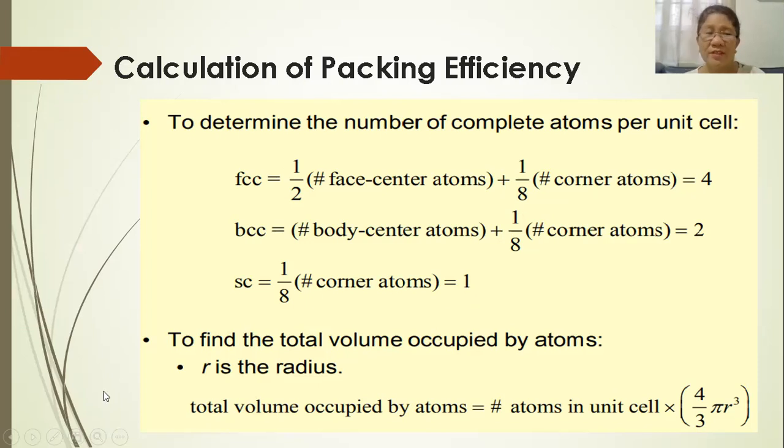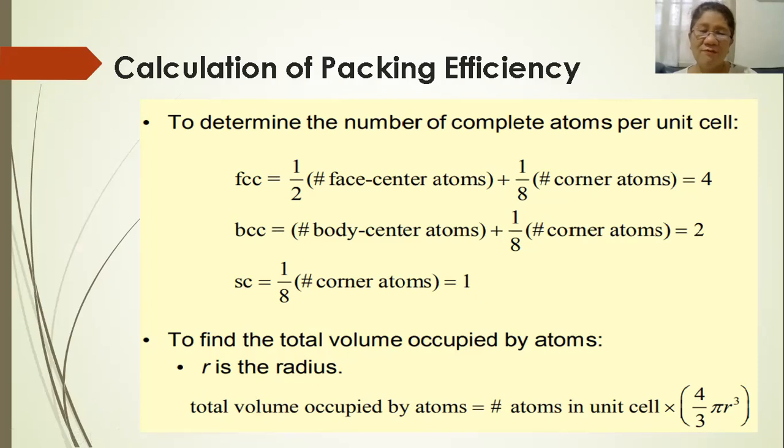So how are we going to find the volume of the atoms occupied by this? The volume could be computed by looking into the radius of your structure.